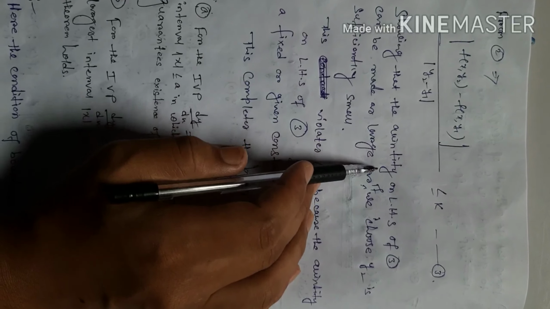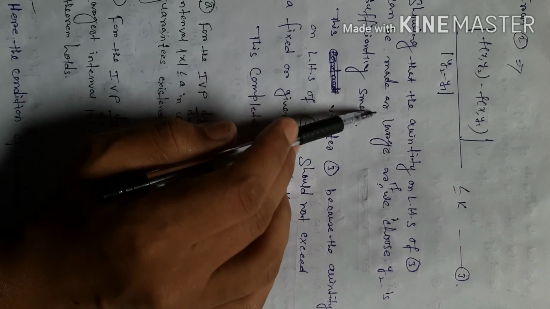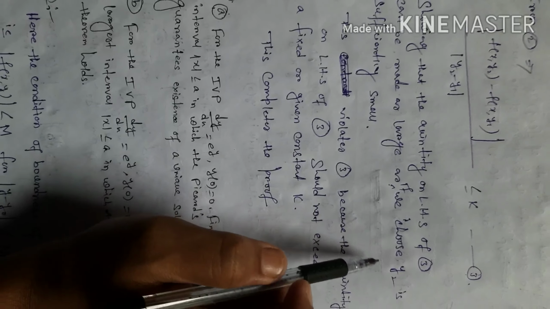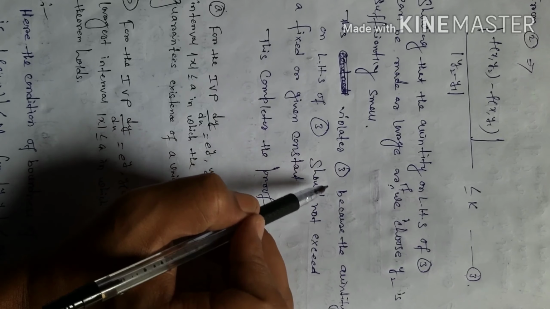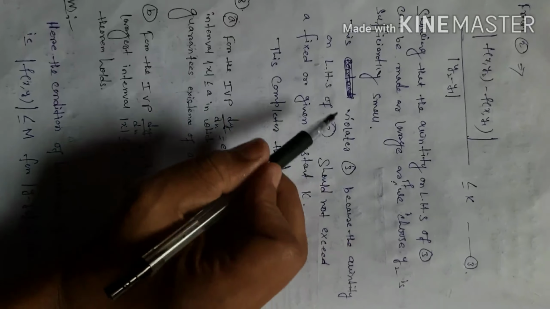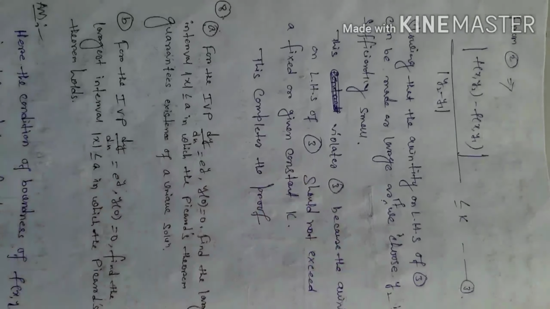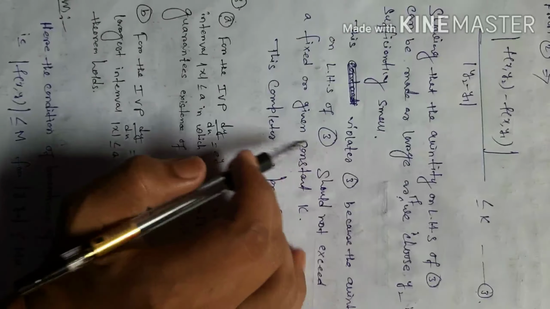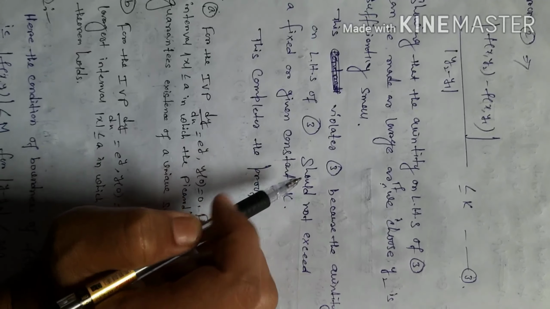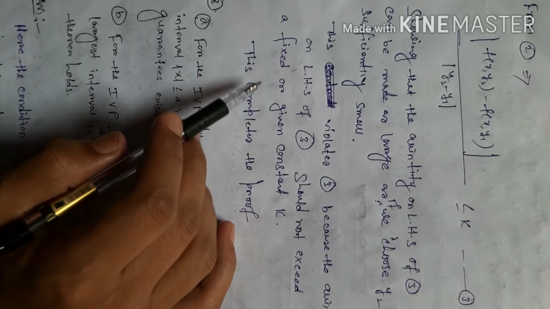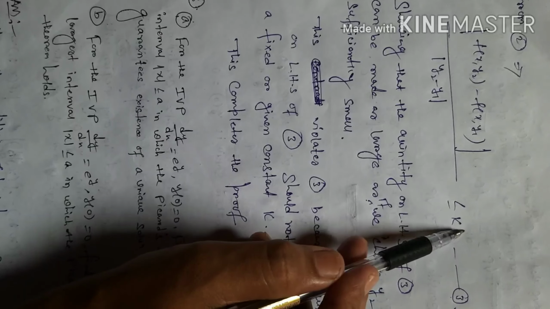This shows that the quantity on the LHS of 3 can be made as large as we like if we choose y2 sufficiently small. This violates 3 because the quantity on the LHS of 3 should not exceed a fixed or given constant k, because here k is fixed.